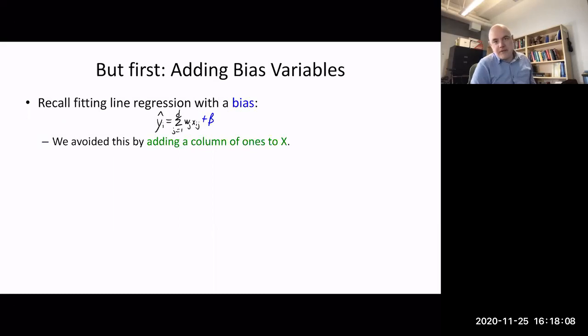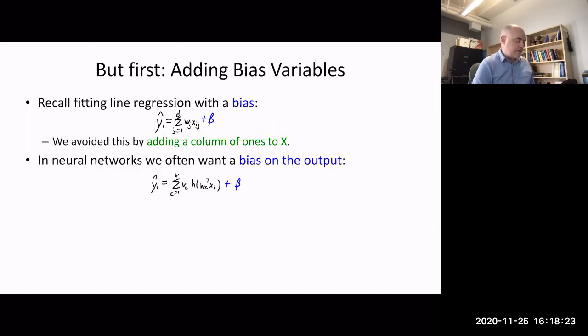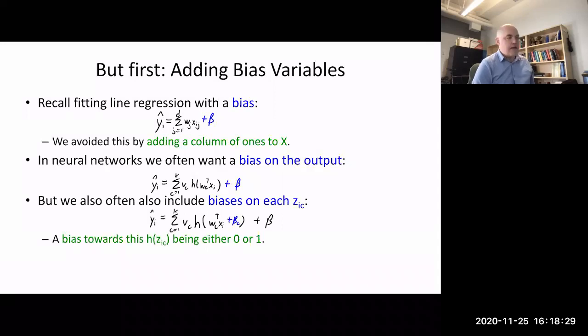So a couple of little details before we talk about gradients. When we did linear regression, we talked about adding a bias to account for an offset, right? And we said that we could avoid this extra parameter by adding a column of 1s to x. In neural networks, we often want a bias on the output, and we often want biases on each of the individual hidden unit dimensions.